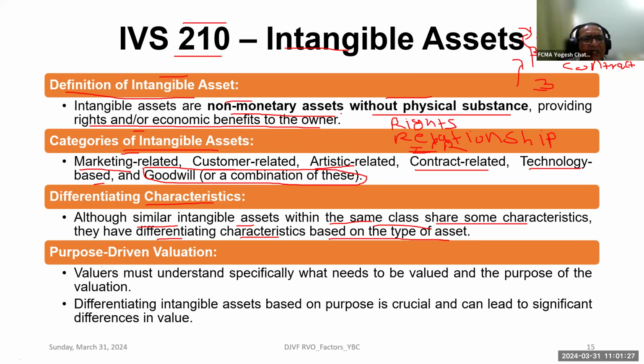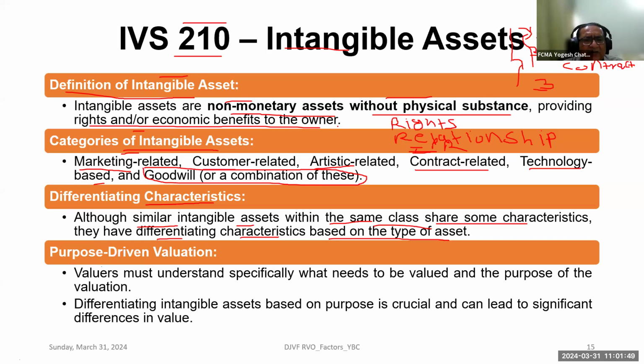When making a valuation, you may say these are customer related intangible assets, and therefore a similar value should be assigned. But if you analyze further logically, the customer data will always have less value as compared to the executed contract.